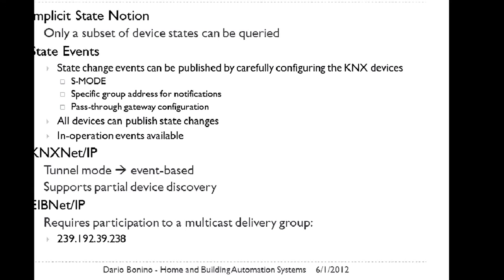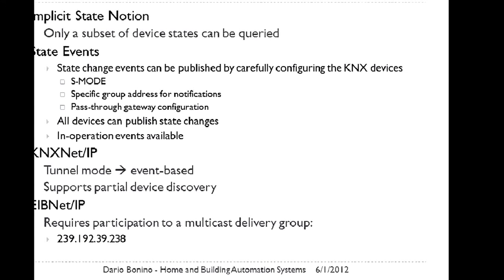And we need to configure the gateways for passing through unbound groups, because the default gateway behavior is to filter. So if I have a group address, the group address is limited to the area or to the line. Okay? But if I want to listen to these messages, for example, by connecting with a PC, I need to instruct the gateway to pass through these messages.